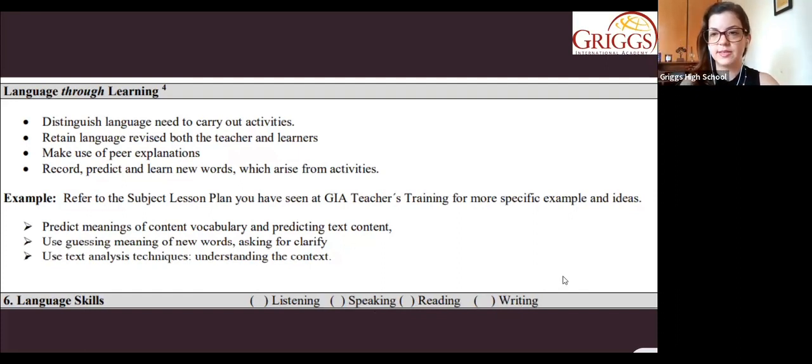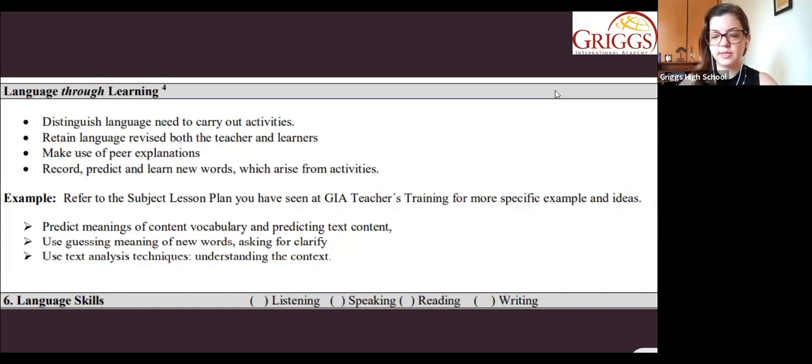And the goal is, yes, you need to check all of these boxes. So when you finish your lesson plan and you come here and you check listening, speaking, and writing. Reading, is there a reading activity? Oh, oops, I forgot to include a reading activity. So you make sure to include one, okay?